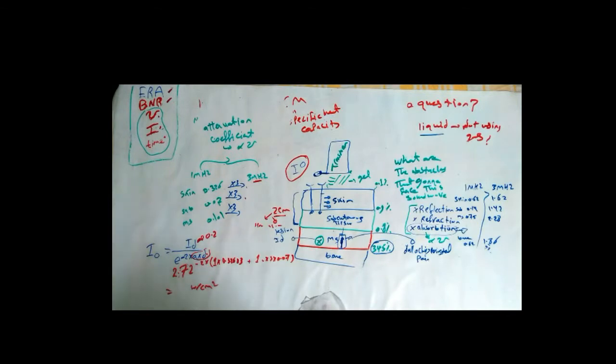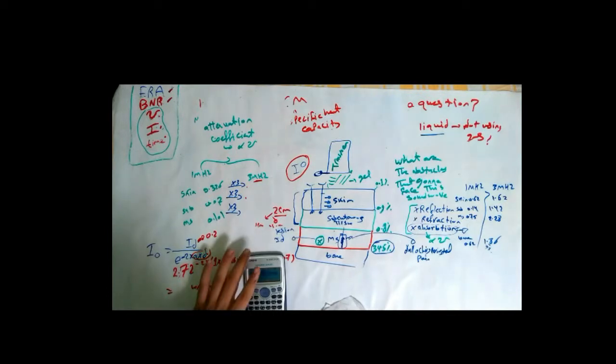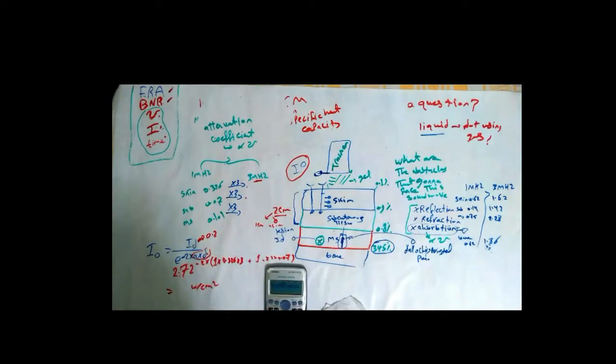Let's try it on the calculator. 0.02 by 2.72, to the power of minus 2 by 1 by 0.326 by 3 plus 1 by 3 by 0.07.